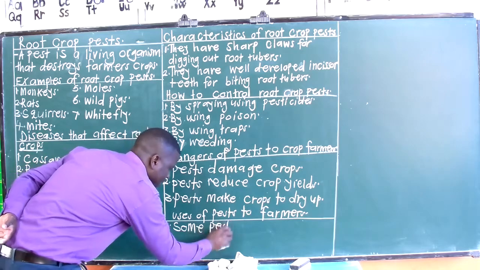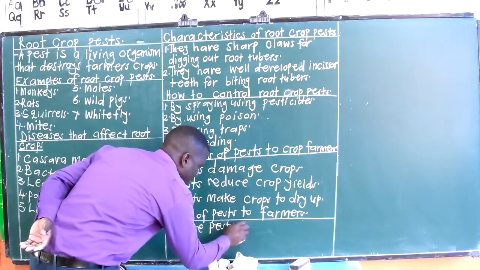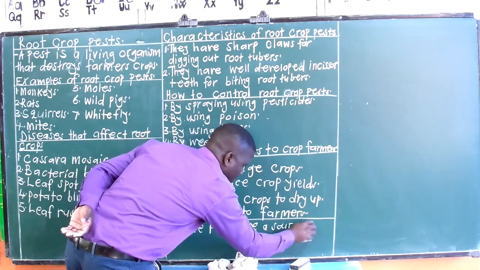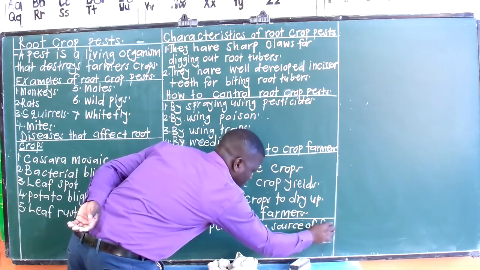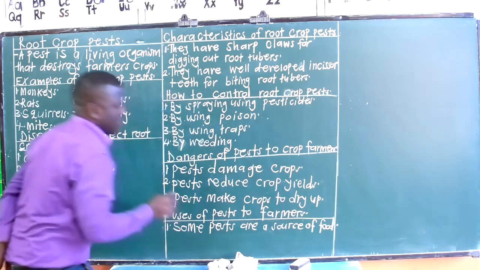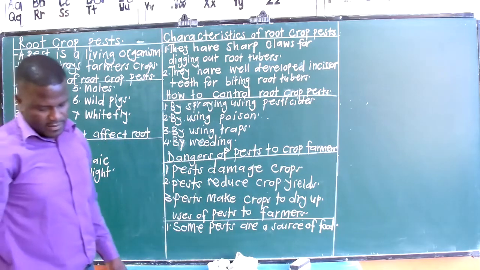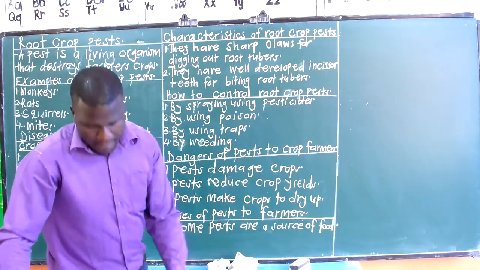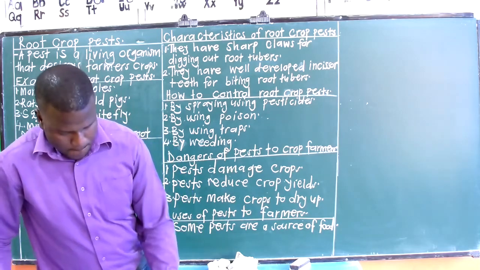Some pests are a source of food, like grasshoppers and locusts. Then some pests are eaten by poultry.